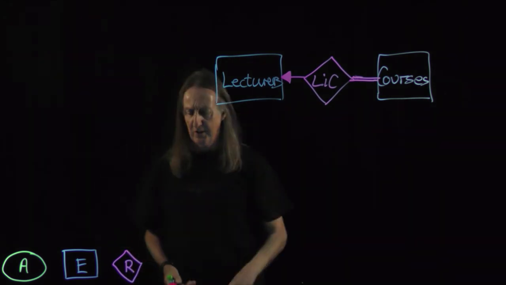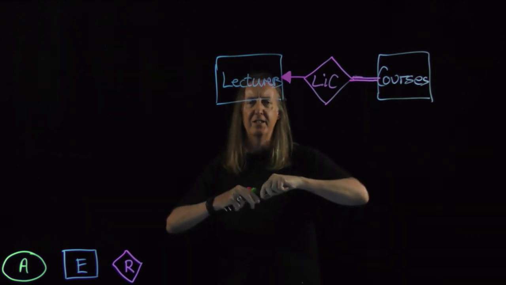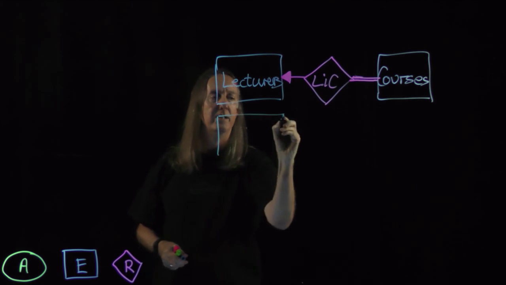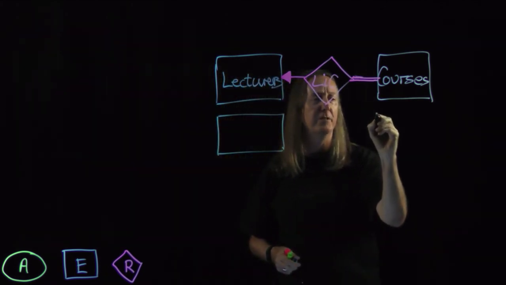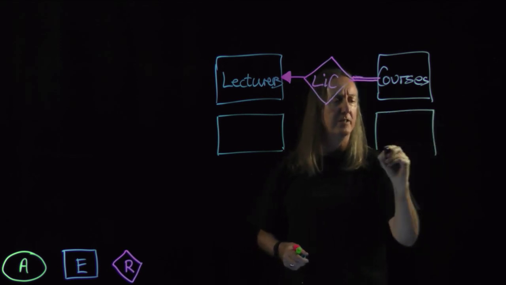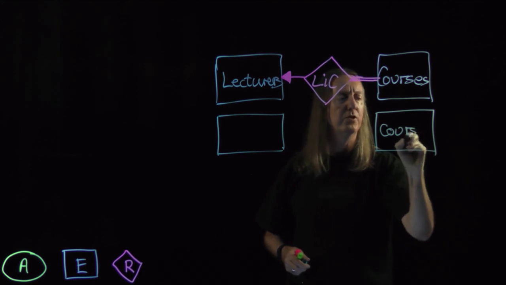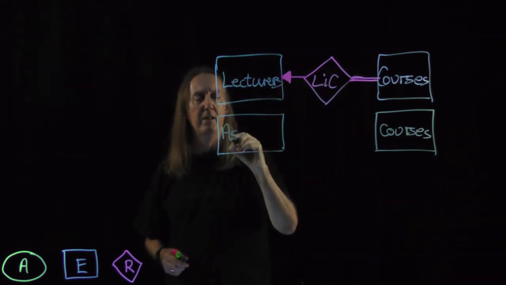Okay, the next item on the agenda is assignments. So I'll do a separate diagram for that, and I'll write courses again just so it makes the diagram a little bit neater. So we've got courses and assignments.